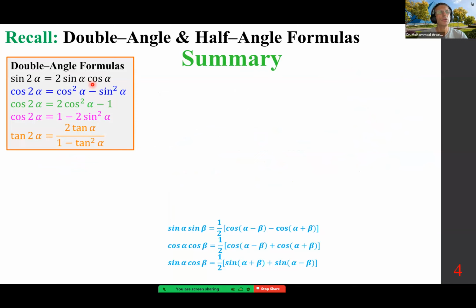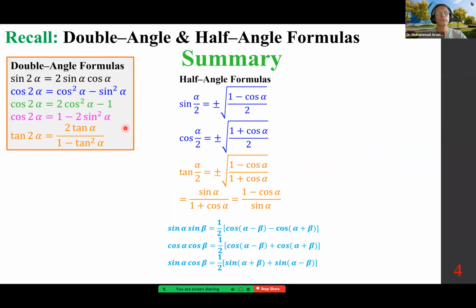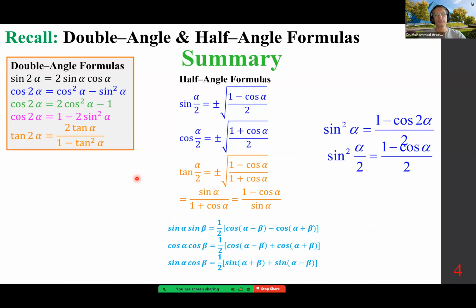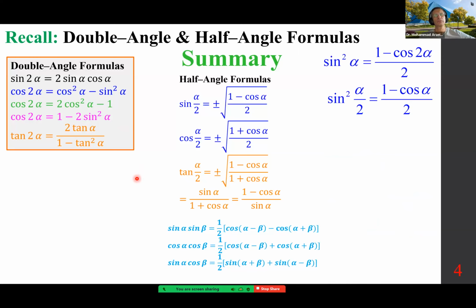Sine 2a is 2 sine a cosine a. Cosine 2a has three different formats: cosine squared minus sine squared, 2 cosine squared minus 1, 1 minus 2 sine squared. And they give rise to an appropriate formula here.